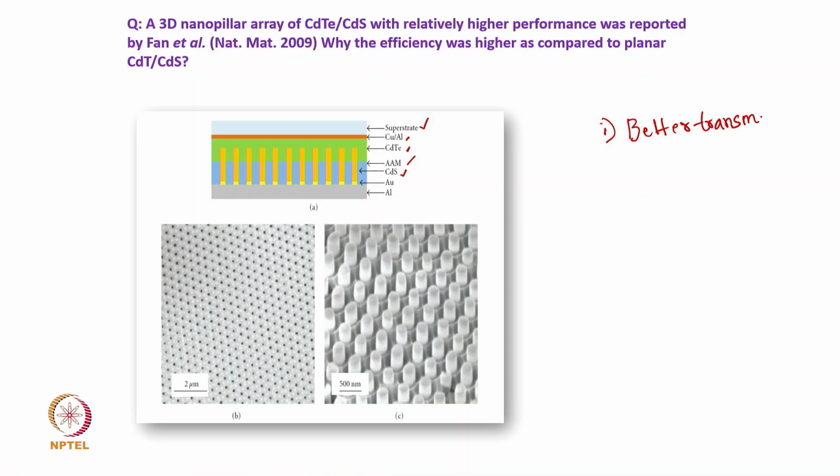You can look at these SEM images, this is the anodic alumina template, and then these are the grown nanopillars. So, one advantage is that we have better transmission of light because of its lower dimension. It gets more space to get transmitted, and second, absorption is also higher because they are small dimensions.